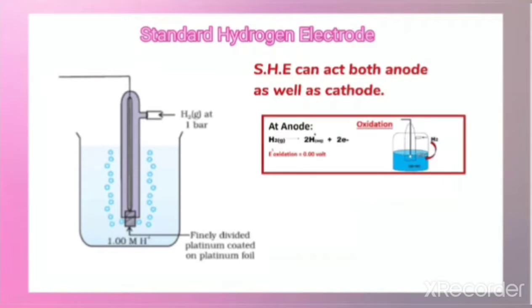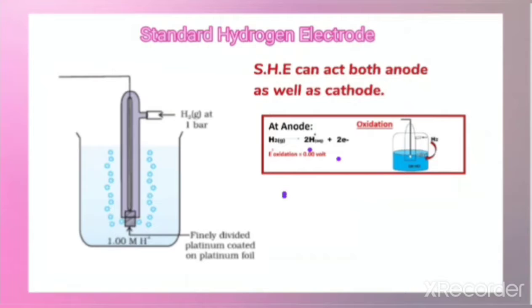So if it is acting as an anode, what will be the reaction here? The reaction will be H2 giving rise to 2H plus plus 2 electrons, because what we have learned is that the reaction at the anode is oxidation.